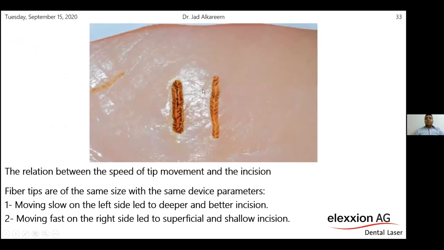On the left side, we used slow cutting and gave enough time, so the handpiece moved slowly, the tissue was able to absorb the energy, and you are able to have a deeper cut into your soft tissue. But on the right side, the application time was very fast. The dentist moved faster, so at the end, you had a superficial level and a shallow incision.